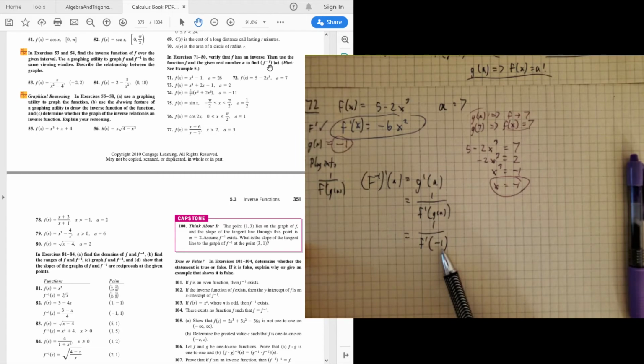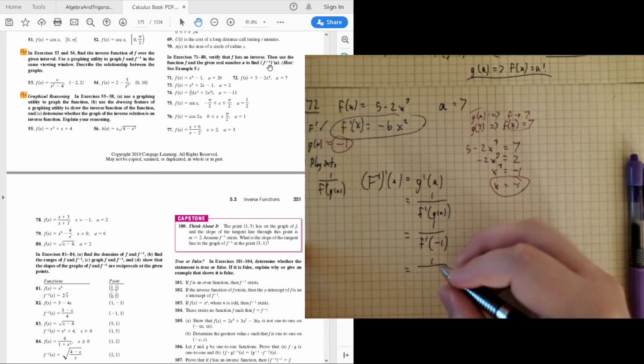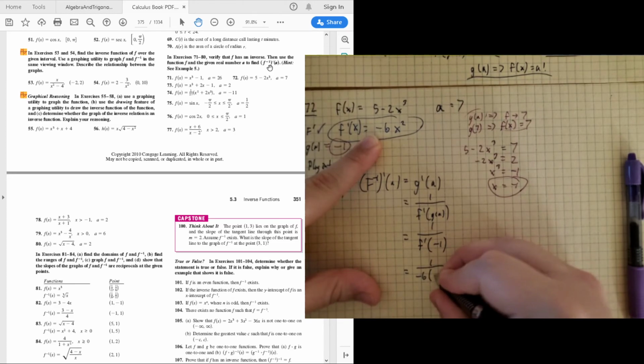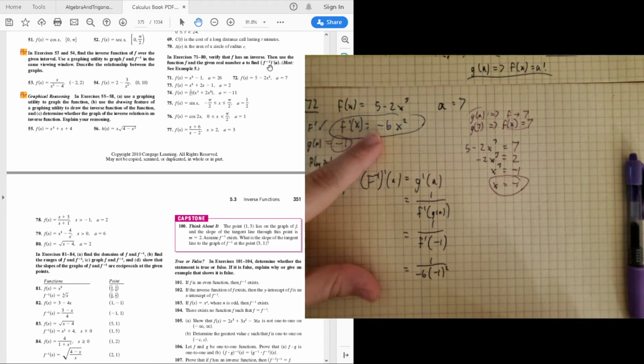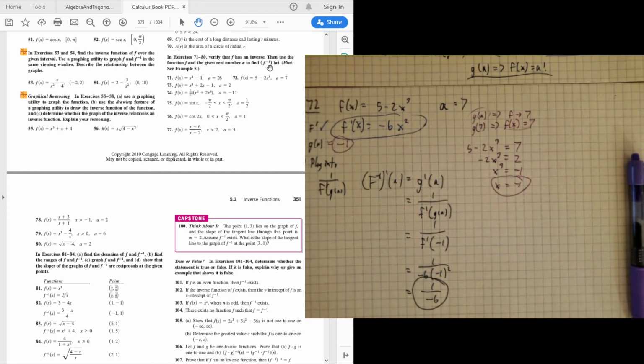Done. And now, I then have to do f prime of negative 1. So I do 1 over, I take my f prime function, which is negative 6x squared, and plug in my negative 1. And there's f prime of g of a.